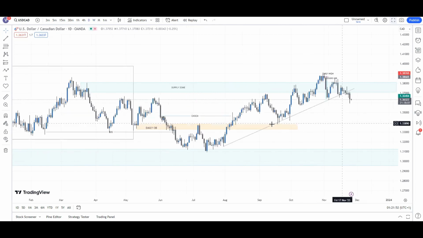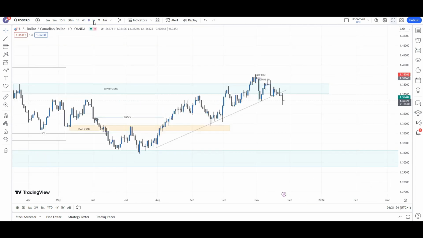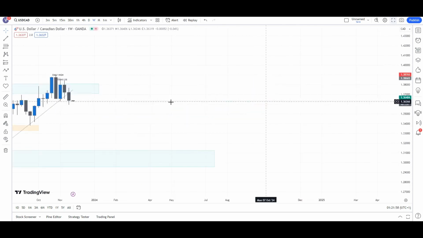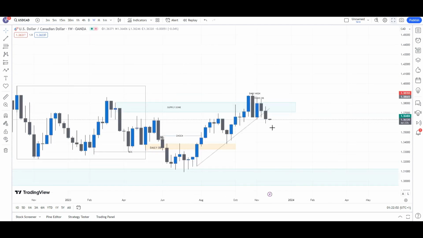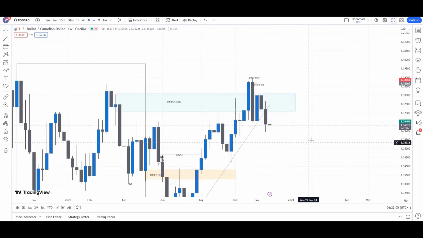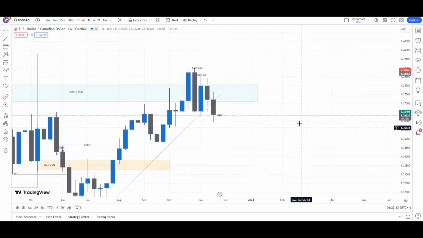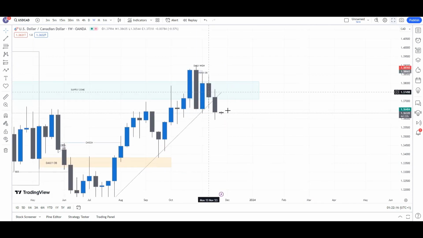If you look at it from the weekly time frame, you would see that we've had several bearish moves to the downside. And currently you can see the market is open right now. This is 1 a.m., 27th of November 2023, as I'm shooting this video. So we can see that this is already a bearish open. How do we trade this? What do we do at this point?